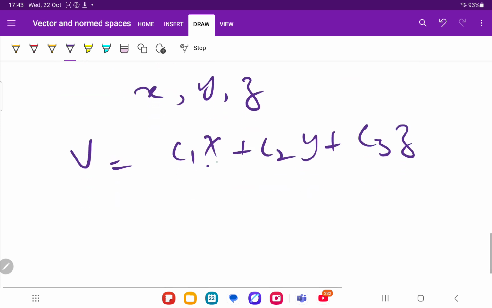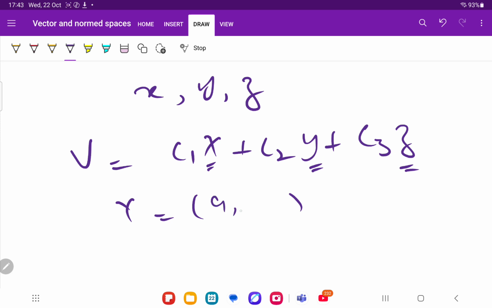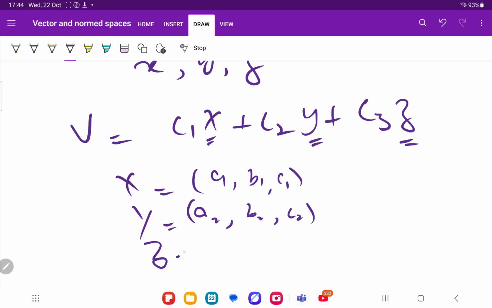In this case, x is a three-dimensional vector, could be any numbers a1, b1, c1. y could be a2, b2, c2, and z could be a3, b3, c3, any numbers. So you are making vectors associated with x, y and z, and writing c1 along with c2 and c3.